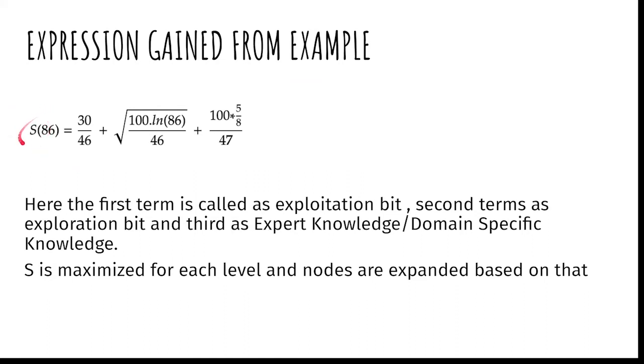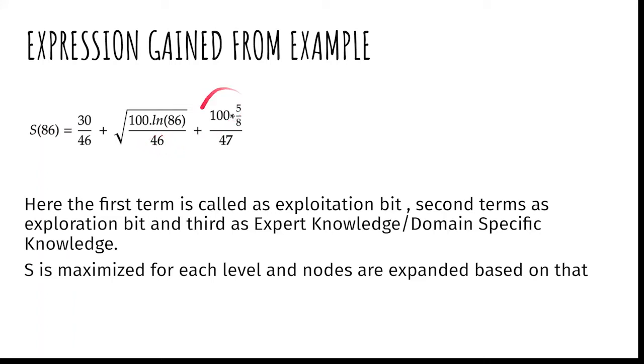So you're at the parent node. Let's look at the S value for the 30 by 46 child, which is our highest probability of winning, right? So Vi, this term is the exploitation term. 30 by 46 is the probability of red winning if you choose that, plus root over the constant we've chosen, which is 100 just for simplicity, into log of 86, which is the total number of games you've played at the parent, divided by 46, which is the number of games you've played at that child, right?